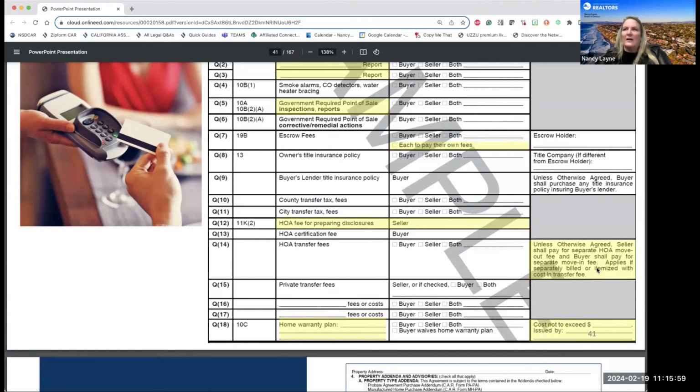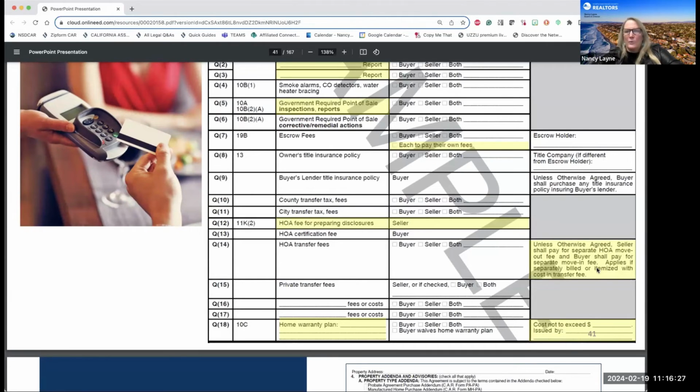This will charge for keys, it'll charge for openers, it'll charge for approval by the association, those kinds of fees. That is homeowner transfer fees. So the seller is going to pay for turning in that kind of stuff, and the buyer has to pay for his approval for his own. So yeah, I would put in there both.